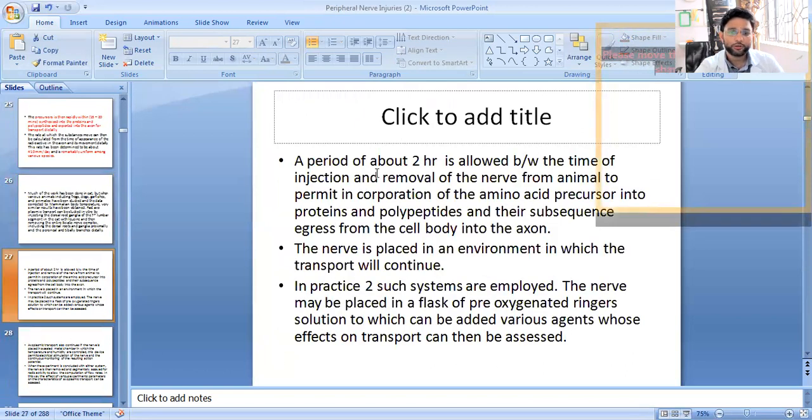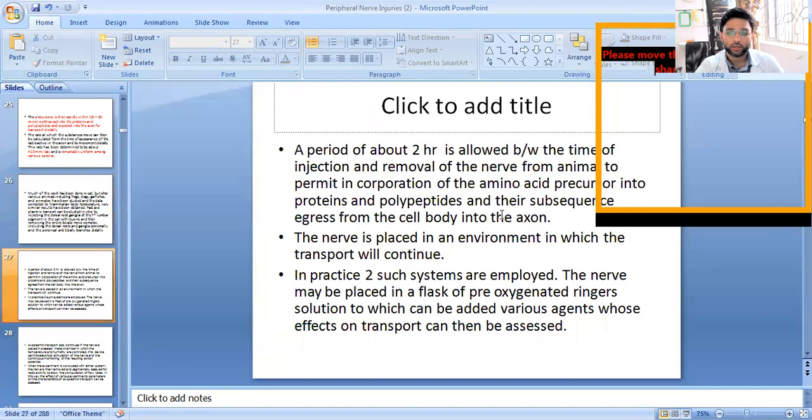A period of about 2 hours is allowed between the time of injection and removal of the nerve from the animal to permit incorporation of the amino acid precursor into proteins and polypeptides and their subsequent export from the cell body into the axon. The nerve is placed in an environment in which the transport will continue.